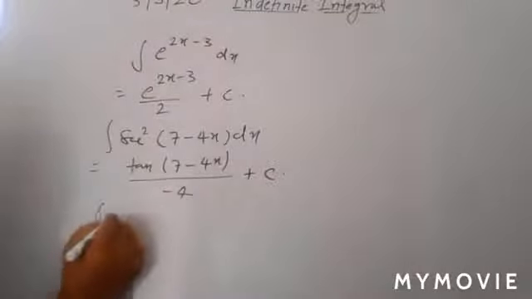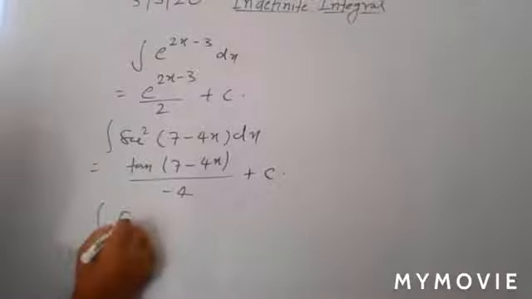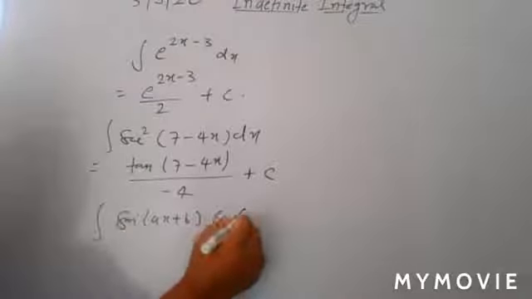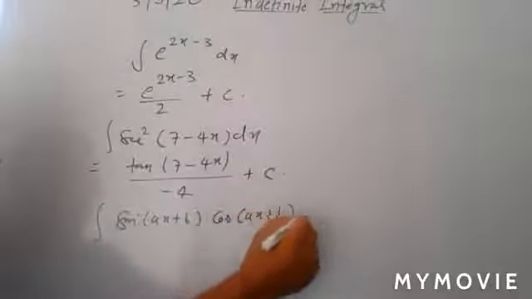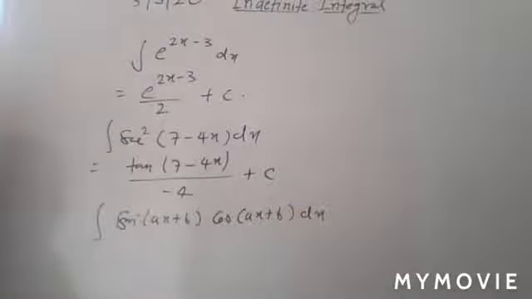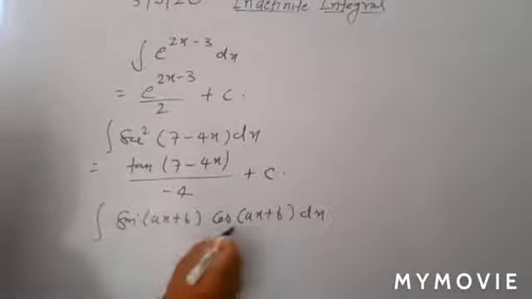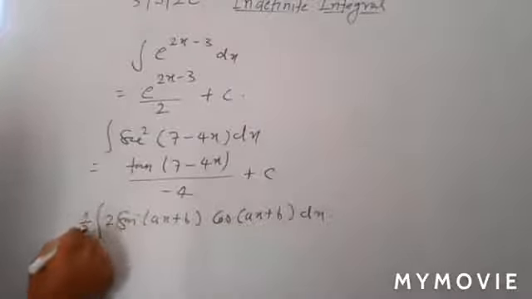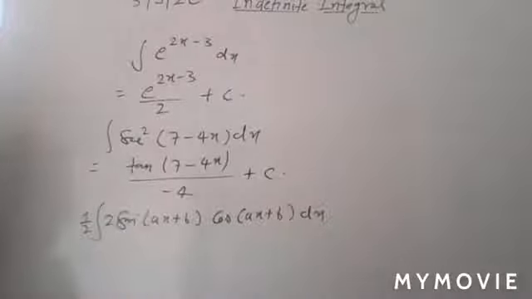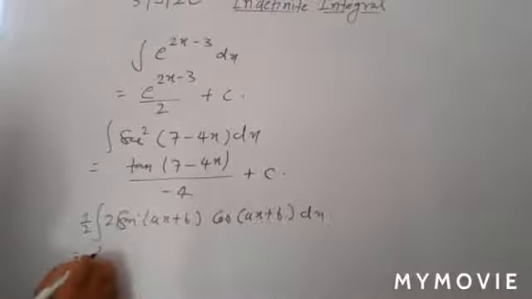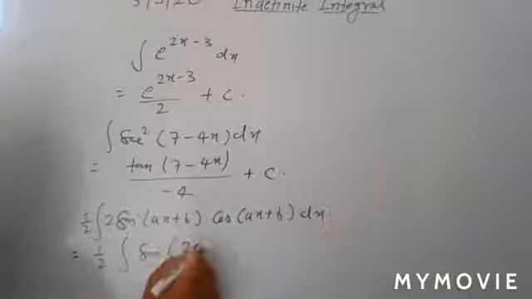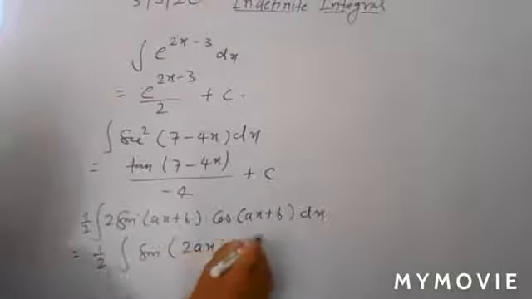In the same way, just write: integration of sin (ax plus b) cos (ax plus b) dx. Here you have sin and cos, and the angles are the same. So what you do: dividing by 2 and multiplying by 2, that is equal to 1 upon 2 sin (2ax plus 2b) dx.